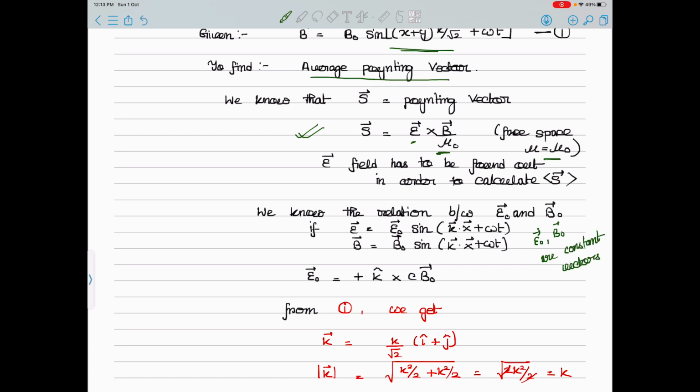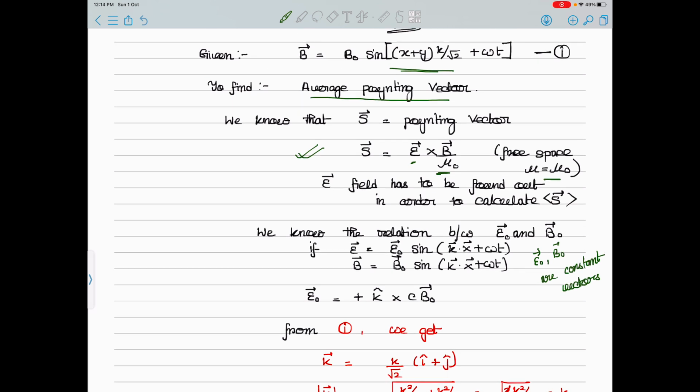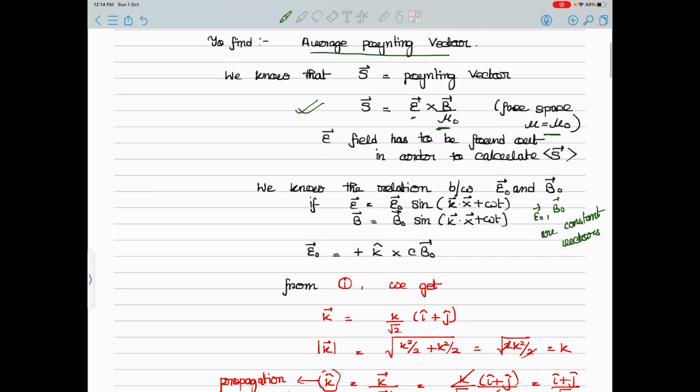So we can write it like this, with plus omega t because it is written here as plus omega t. So E is E naught sine of (k dot x plus omega t), B is equal to B naught sine of (k dot x plus omega t). If this is the condition, then the relationship between E naught and B naught is actually given by E naught is equal to c times k cap cross B naught. Now we have to be careful.